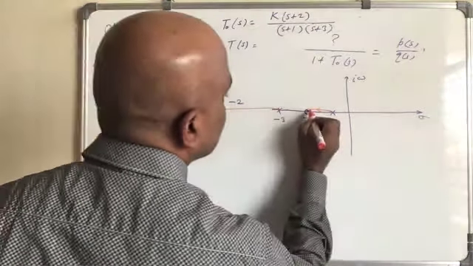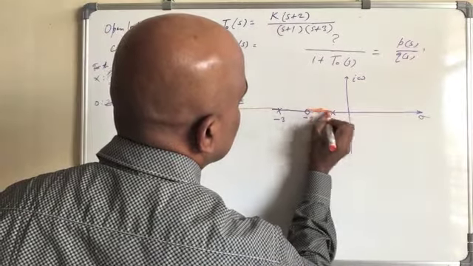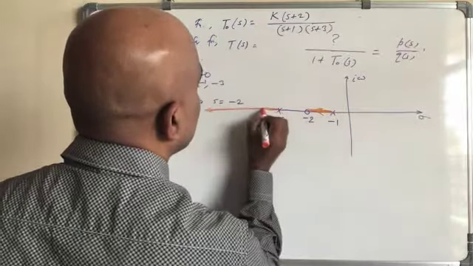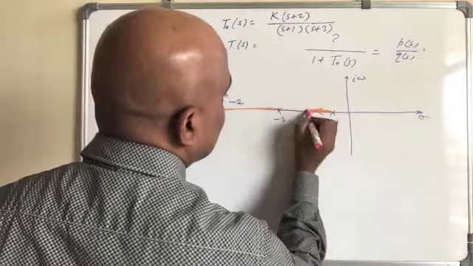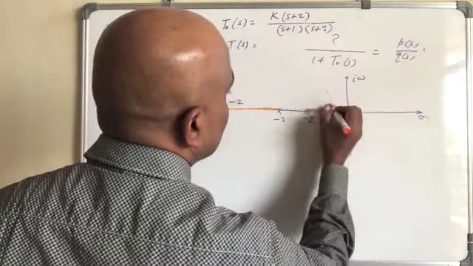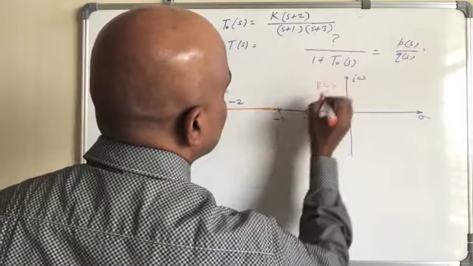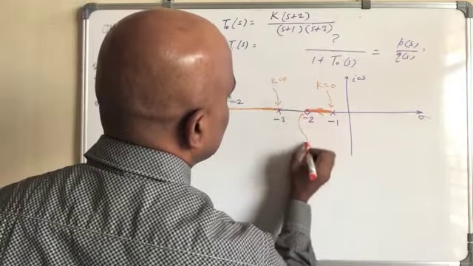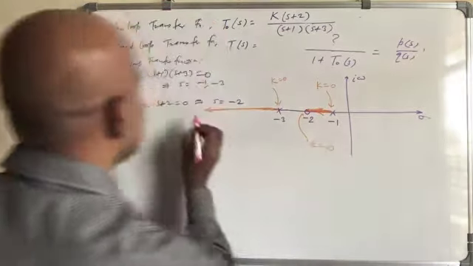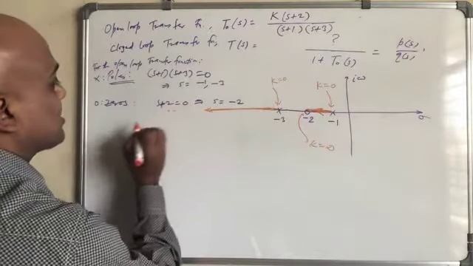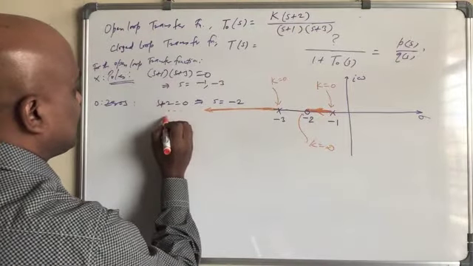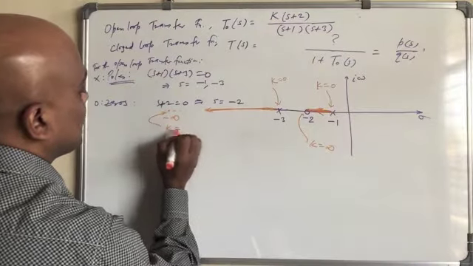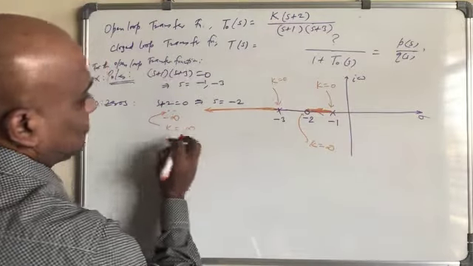So the root locus is this, from here to here, and then from here to here, like this. This corresponds to k equal to 0. This also corresponds to k equal to 0. This corresponds to k equal to infinity. At minus infinity as well, k corresponds to infinity.